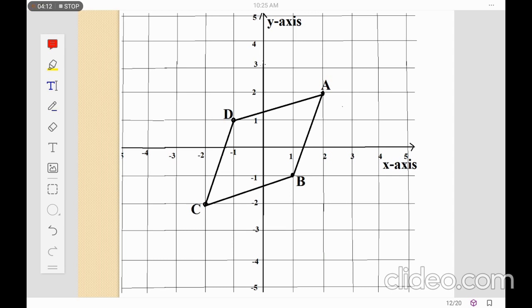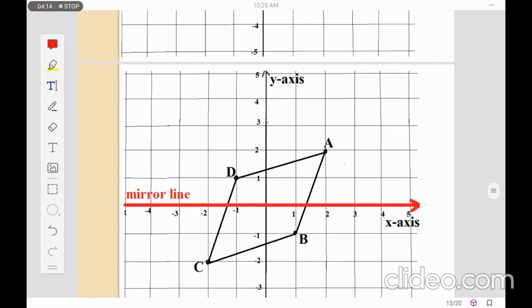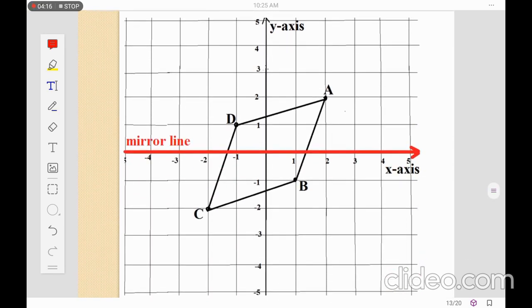When we now want to reflect in the x-axis, it means our x-axis is the mirror line. We can reflect this image: A is going to be at the same distance from the mirror line, which is 2 units. So we count 2 units going down, and our A will be equally distant on the opposite side.